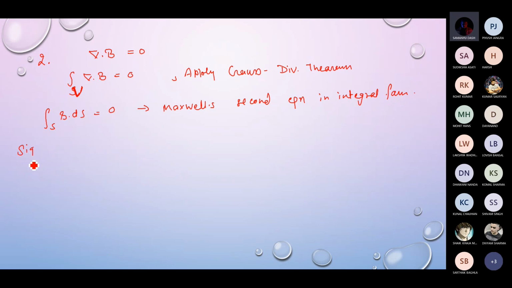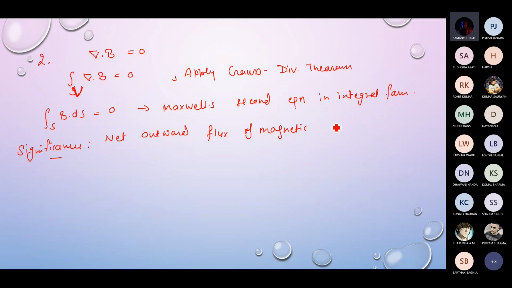The significance of Maxwell's second equation is that the net outward flux of magnetic induction B through any closed surface is equal to 0. Magnetic field density is also called magnetic induction.